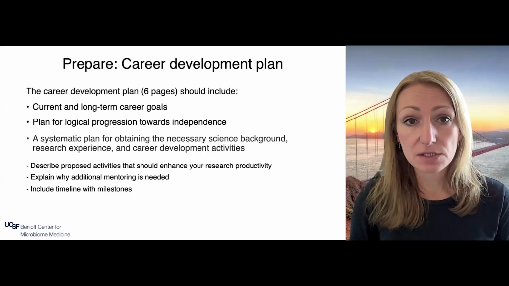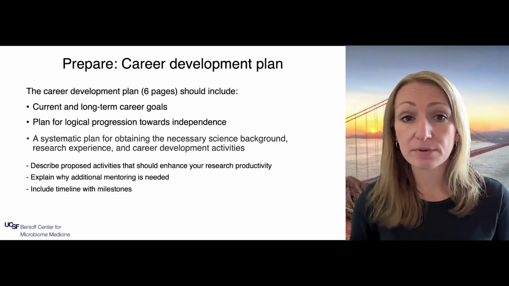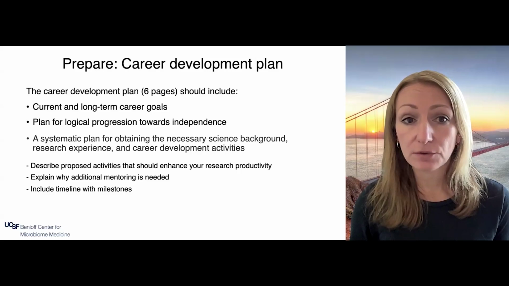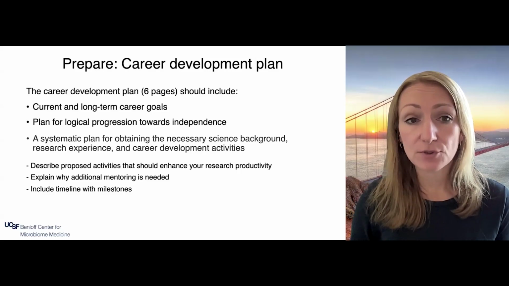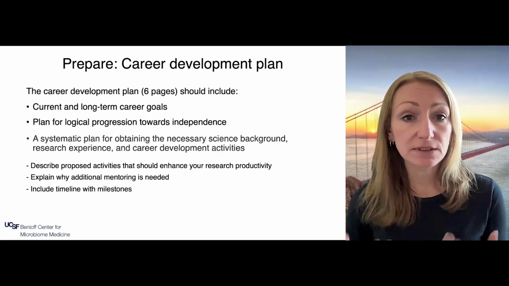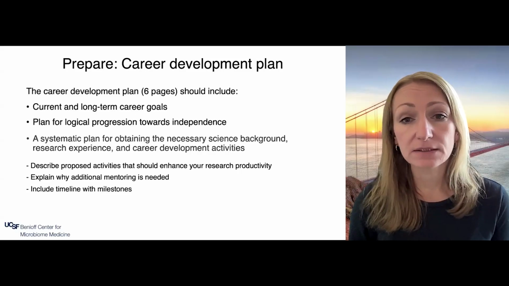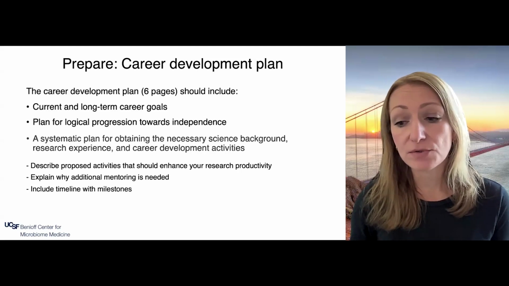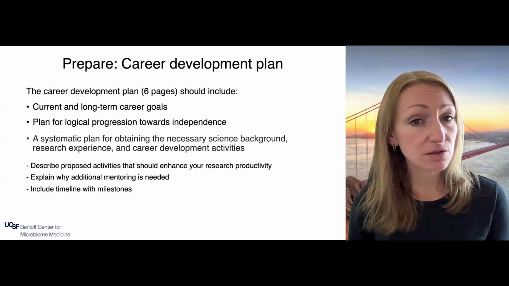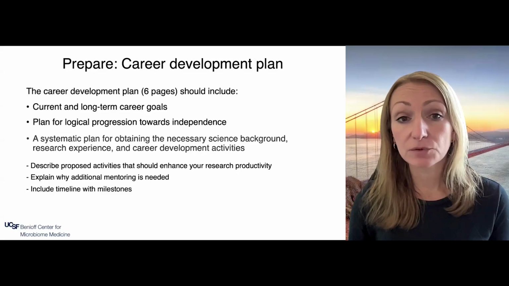And so 6 pages of career development plan is sometimes overwhelming, and that's where examples are very handy. But what you need to focus on is your current and long-term career goals, your plan for logical progression towards independence, for example in the K99, or achieving these career goals for the F32, and a systematic plan for obtaining the necessary scientific background, the research experience, and also career development activities, soft skills, etc., that will really help you be a rounded and good professional.